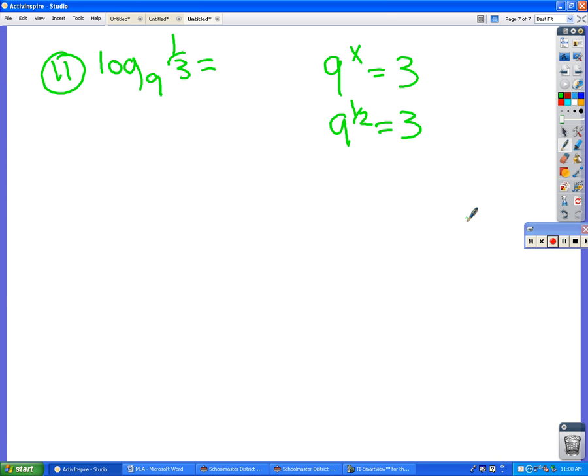That's half the battle. Then if I want this to be a fraction, I just need to make it a negative exponent, because negative exponents mean 1 over the number. So my answer is negative 1/2. So 2 pieces there: one is that it's a fraction because we're taking a root, and the other is that it's negative because my answer is a fraction.